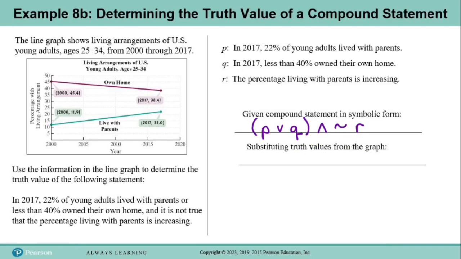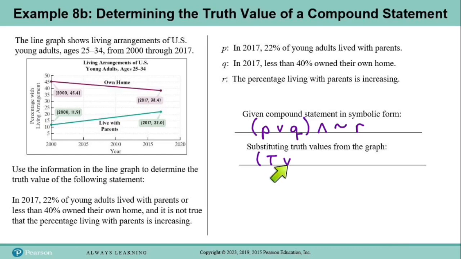So let's go to the graph and determine if each of these is true or false. So for statement P, it said in 2017, 22% of young adults lived with parents. So here is the line that shows the percent living with parents, and it says that in 2017, 22% did live with parents. So statement P is true.